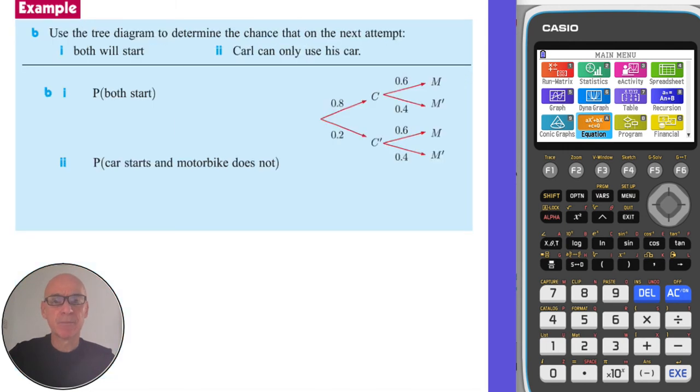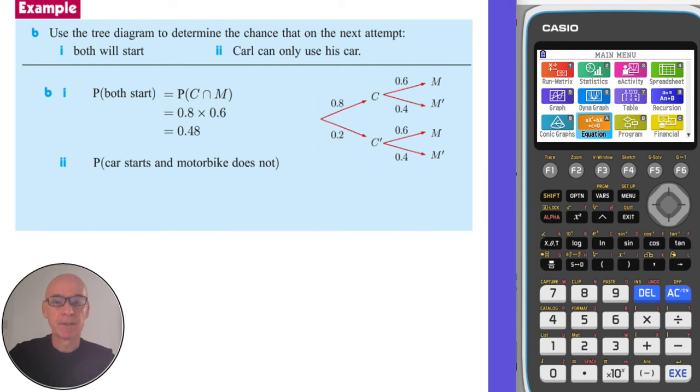Now the tree diagram is complete, we can use it to answer the following 2 questions. As stated before, the probability that both vehicles start is the top branch, with 0.8 times 0.6, and that's equal to 0.48.